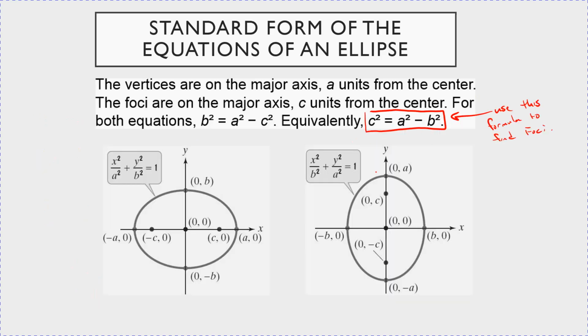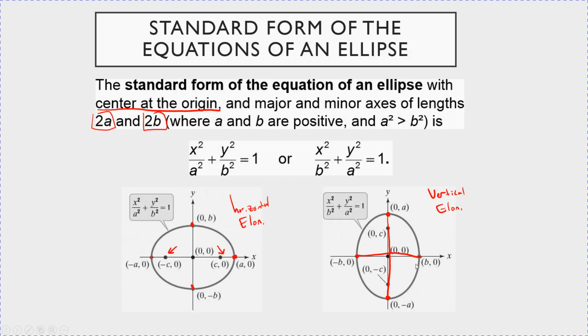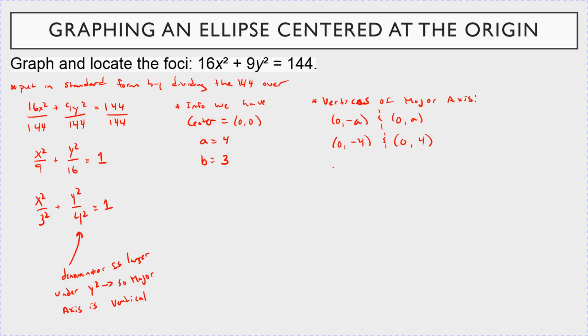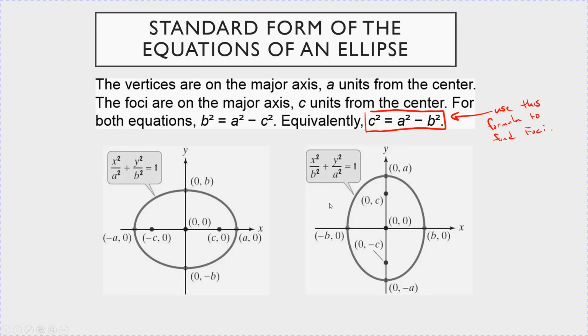But now, going back, I can also find the vertices of the minor axis. So it's negative b, comma 0 and b, comma 0. So 0, or excuse me, sorry about that.